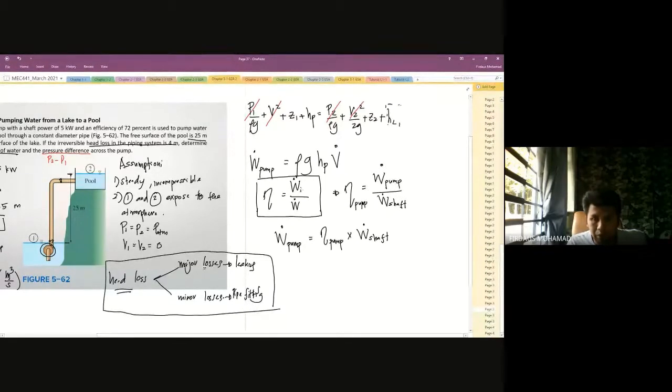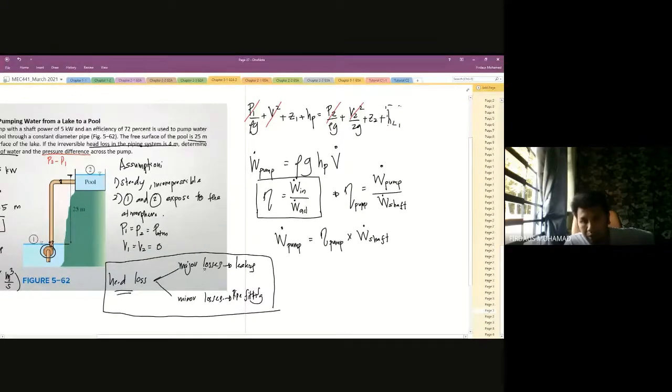W dot in, W dot actual. Okay, so maknanya ini yang kita supply, yang ni yang dia keluar, yang dia keluar daripada pump tu ke shaft, which is W dot actual.